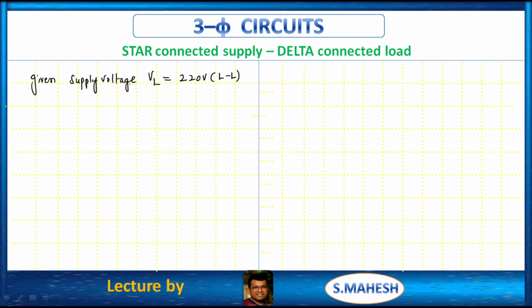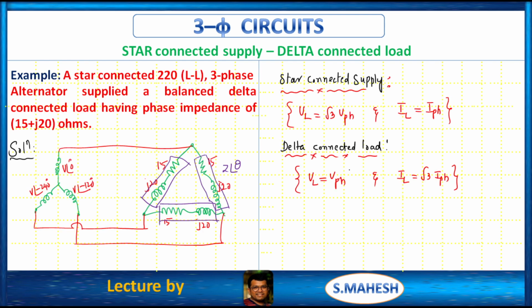That's it, right? See, line to line voltage is 220 volts, but it is root 3 V phase, but the same amount of 220 should be the same as phase voltage, right? So given VL as 220, it should be equal to 220 of the corresponding phase voltage of the delta connected load.